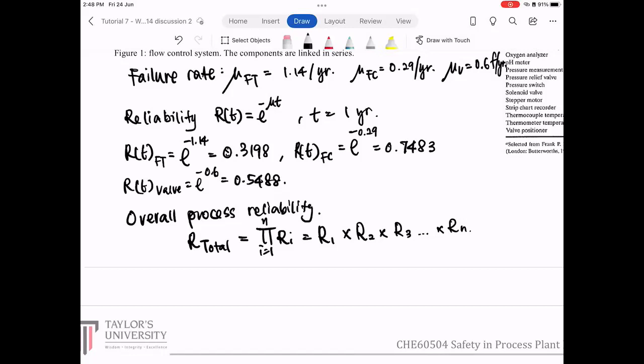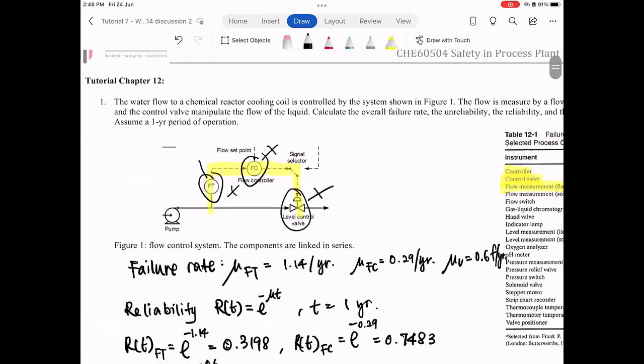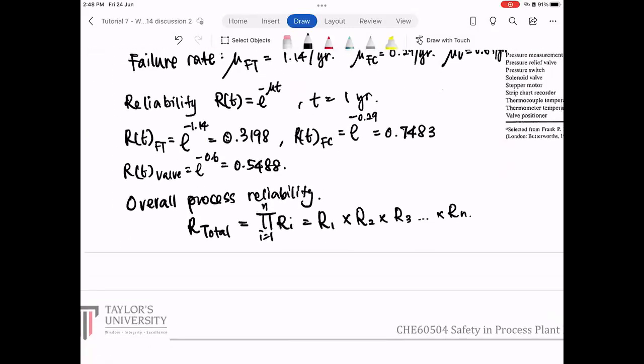So when we have a series system like this, where one fails and everything fails, we take the total process reliability and multiply all the reliability values of each individual component. So in this case, we have 0.3198 times 0.7483 times 0.5488.